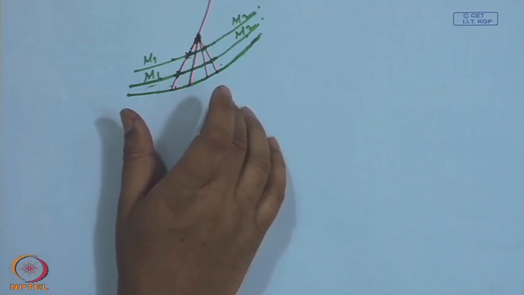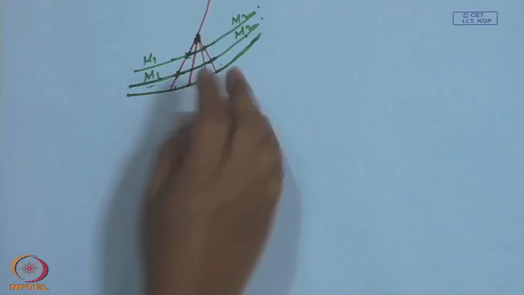So, with respect to an observer looking from far away from this corner, it will appear to be a single shock with the same strength that would have been there if this turning were by a single shock through an angle theta.